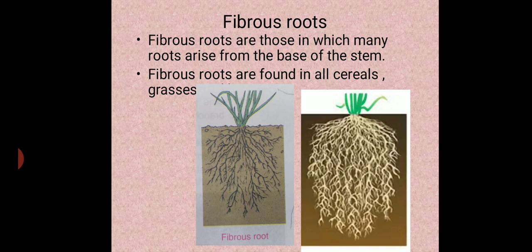Such type of root is said to be a fibrous root. Fibrous roots are those in which many roots arise from the base of the stem. Fibrous roots are found in all cereals, means wheat, rice plants, grasses and banana.